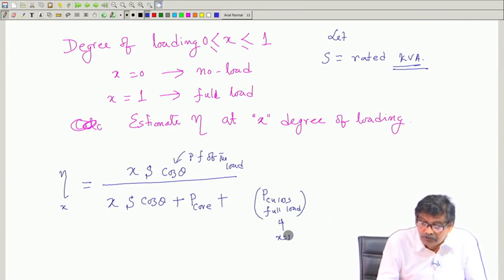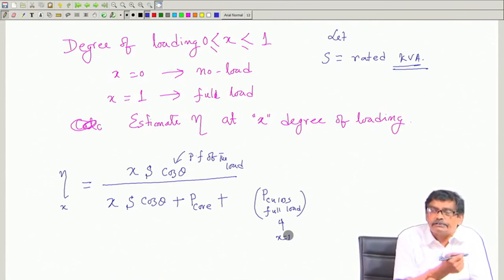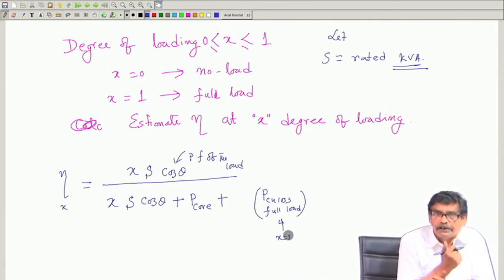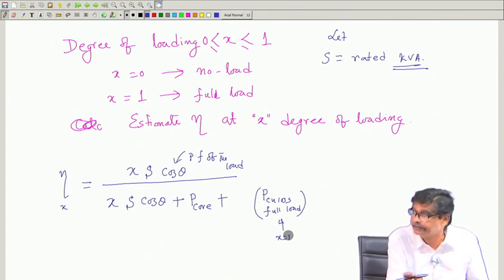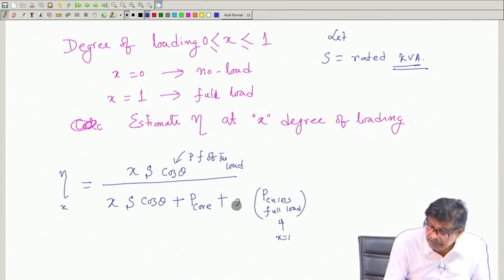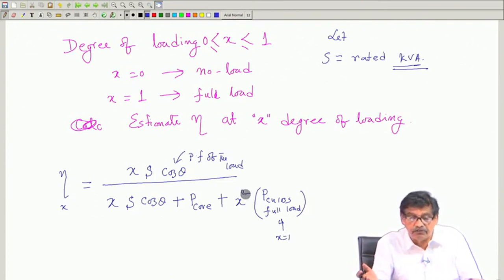So, what will be the copper loss now at x degree of loading? We have just discussed. If it is half loaded, then 1/4 into this. So, x is a fraction and it must be multiplied by x square. This is the expression for the efficiency of a transformer.